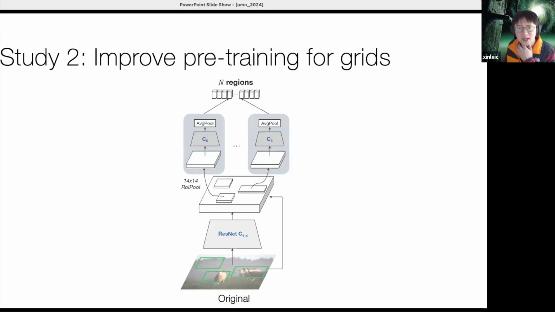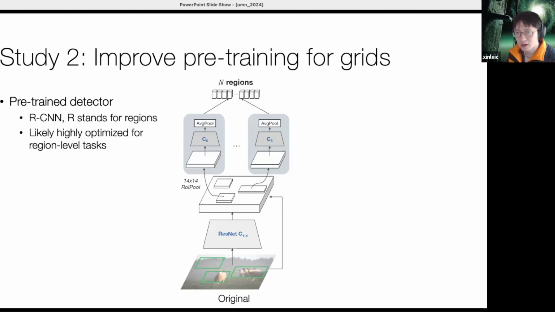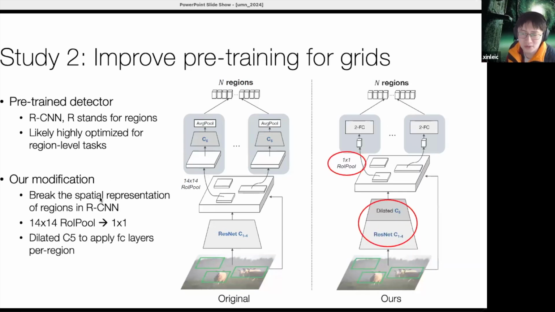And the second study we had was to improve the pre-training specifically for grid features. Because the pre-trained detector is called R-CNN, the R stands for regions. So it's likely highly optimized for region level tasks. So our modification was simple.